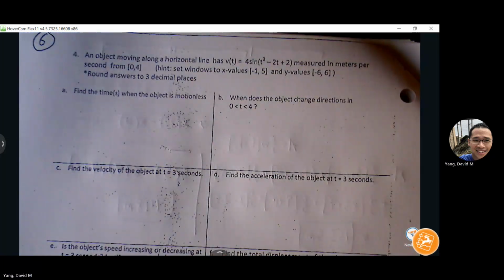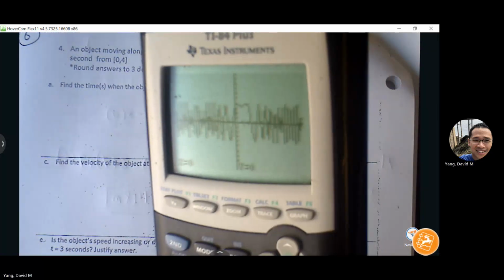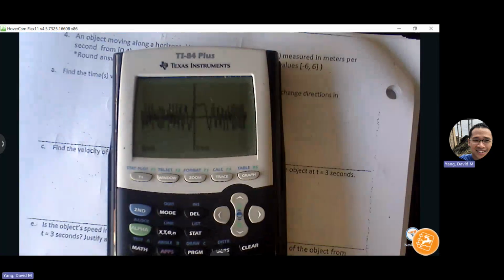Okay. Let me just show you what we're going to do here before we actually do it. Once you hit zoom box, you're going to scroll your cursor to the upper corner of where you want your box to be. And then you're going to hit enter.